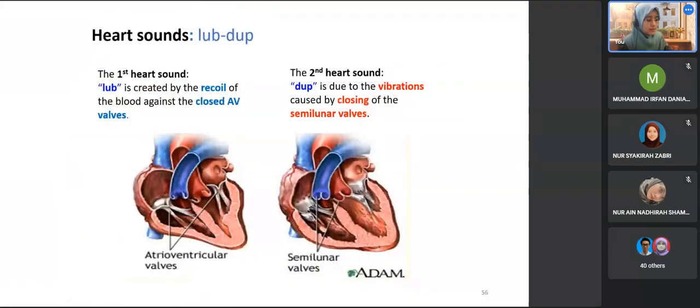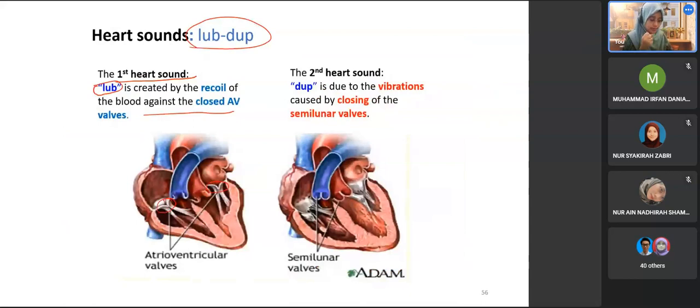Okay, so the heart sound, the lub and dub. Lub dub. So this is the heart sound. The first heart sound is the lub. Okay, it is created by the recoil of the blood against the AV valve. So AV valve pada saat ni tutup kan?